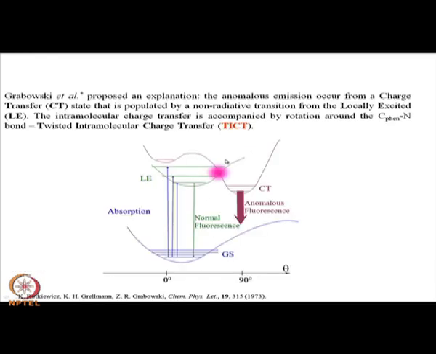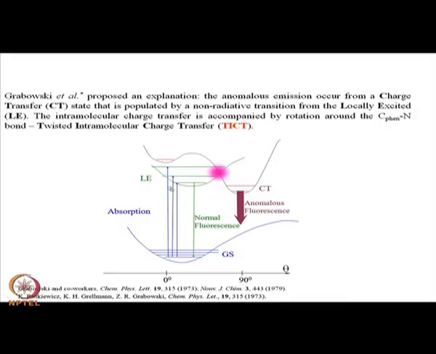As a result, this non-radiative transition from the locally excited state generates the charge transfer state. You see that it is excited over here, and then there is a crossing point, and through this crossing point this state is populated. Since this state is populated, anomalous fluorescence is observed.